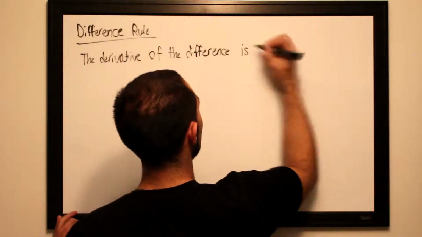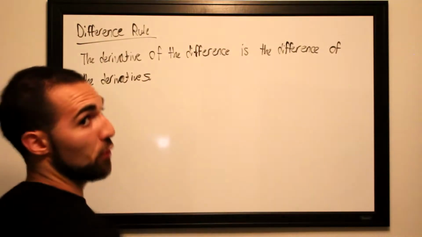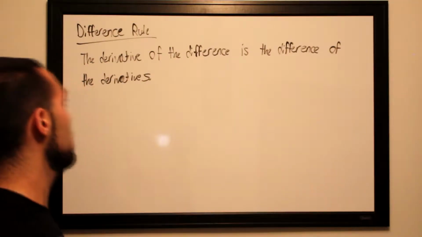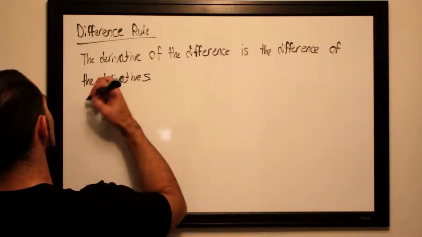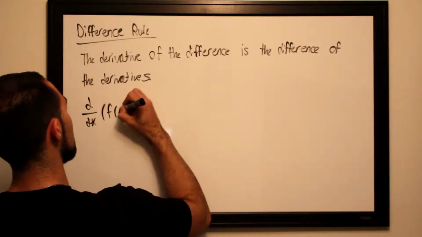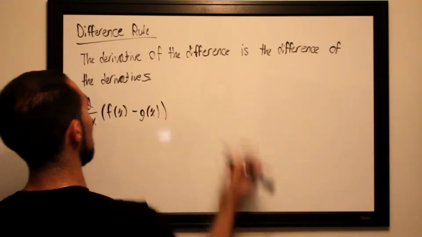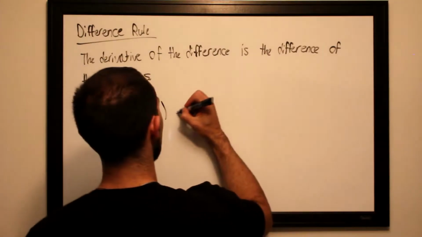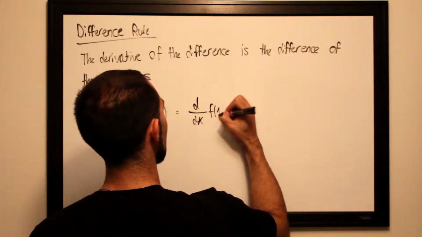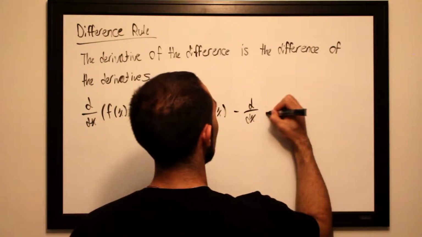If you wanted to write this out in formula speak, it would be very similar to the sum rule, which would be d by dx of f of x minus g of x would simply be the difference of the derivatives. So this would be d by dx of f of x minus d by dx of g of x.